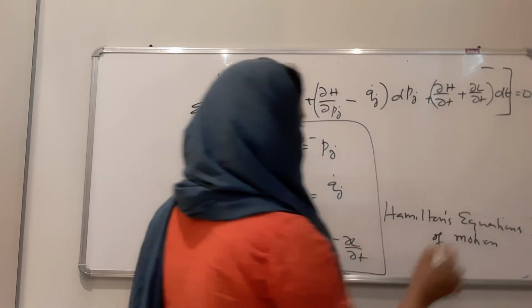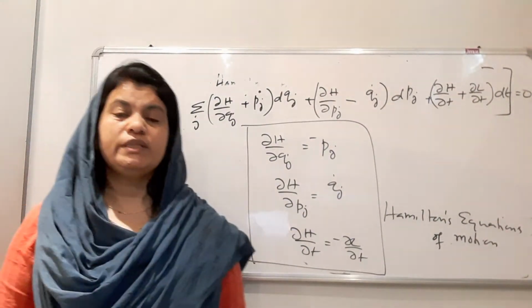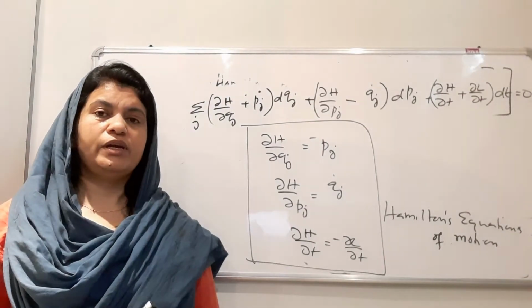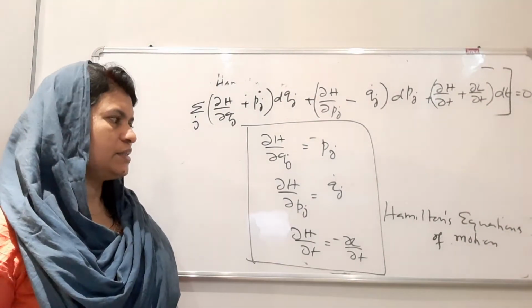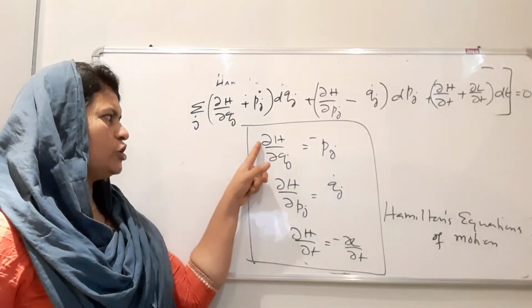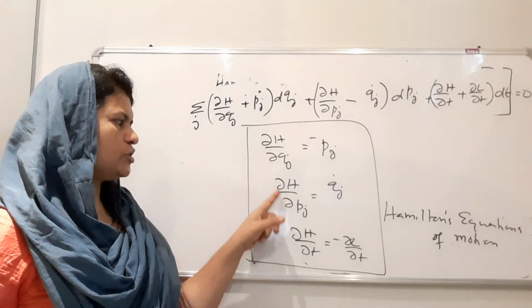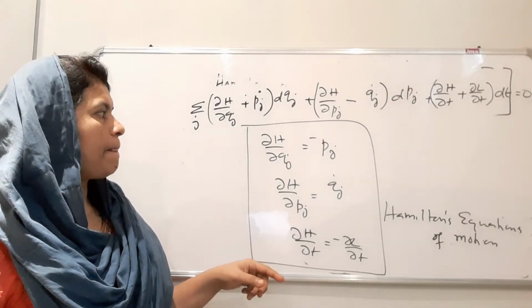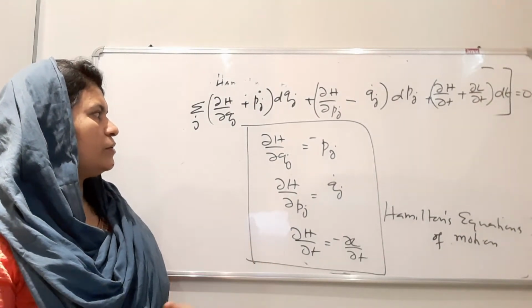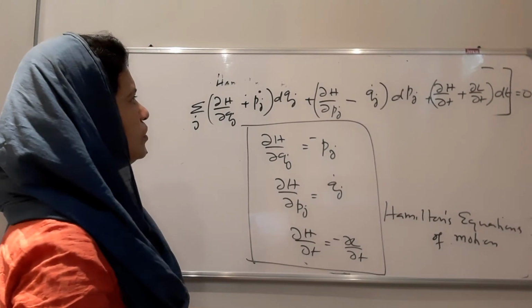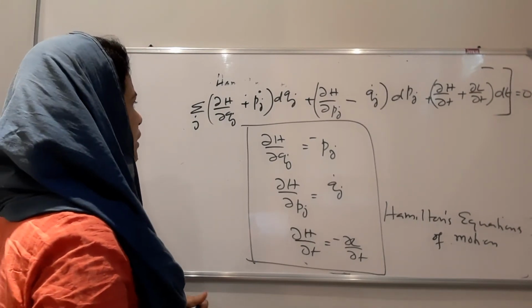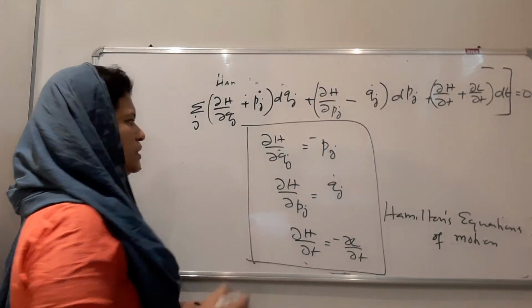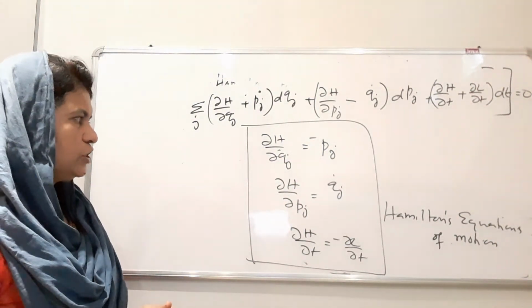These are the Hamilton's equations of motion, and by using these three equations we can solve the problems in mechanics. ∂H/∂qj is equal to minus pj dot, ∂H/∂pj is equal to qj dot.